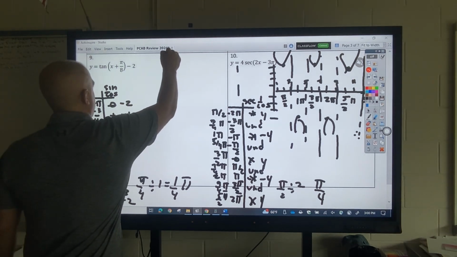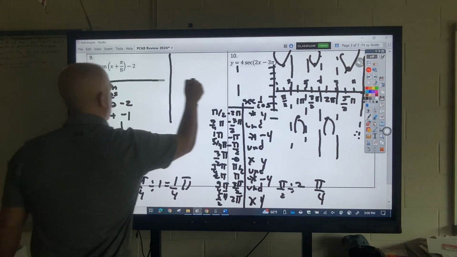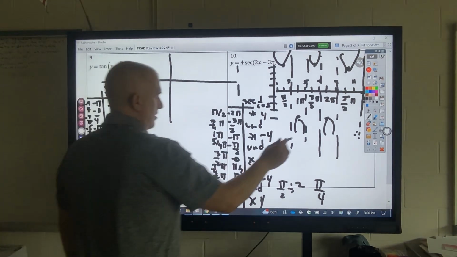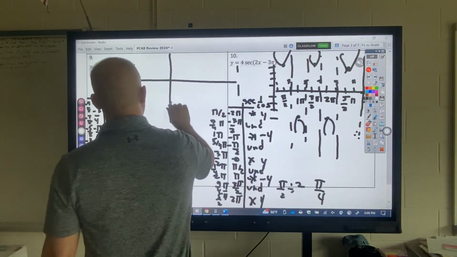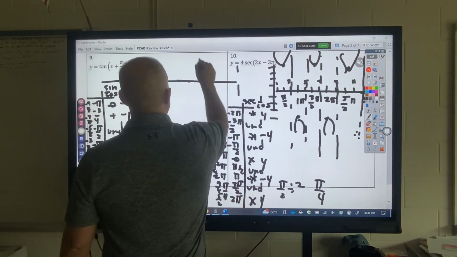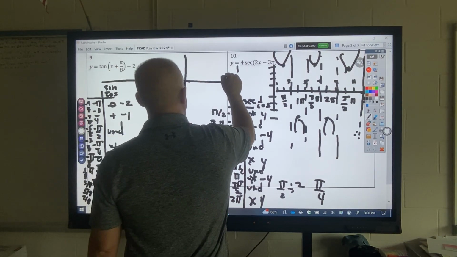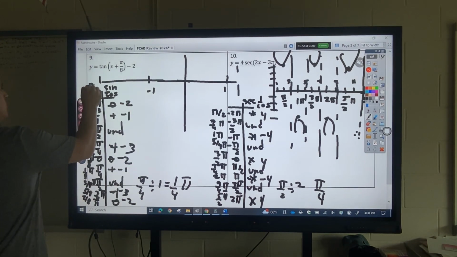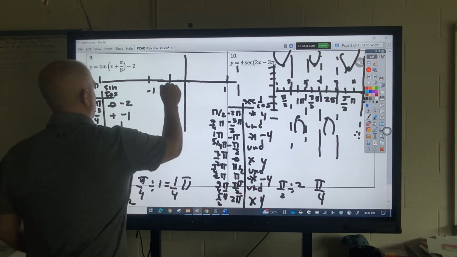So I got to go all the way out to -2. So I'm going to warp this a little bit. Okay, so this will be 1. This will be -1. This will be -2. Okay, so half.